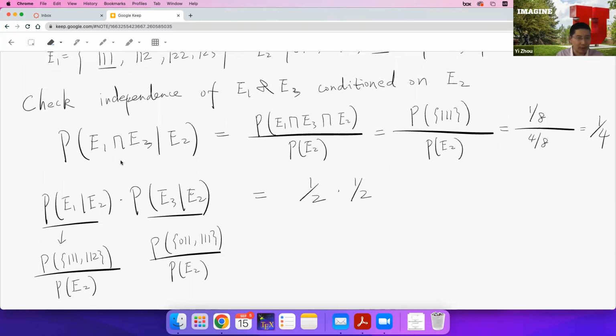So you can say that E1 and E3 are independent given E2.